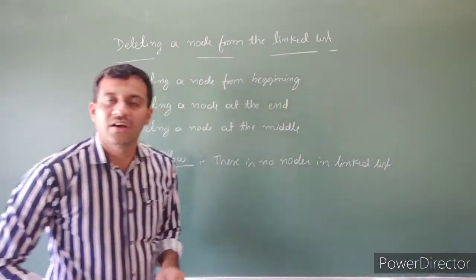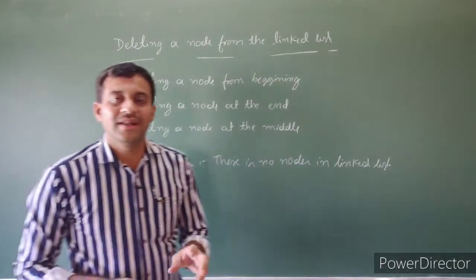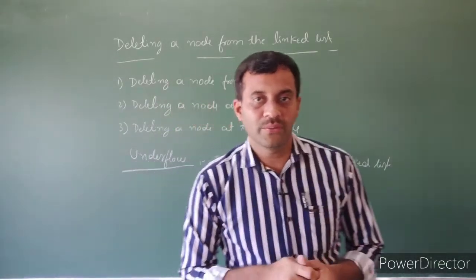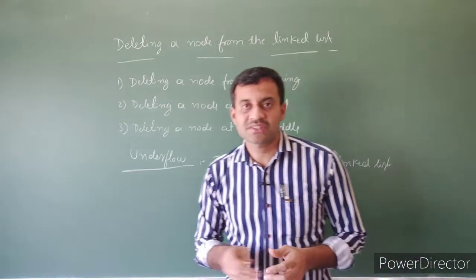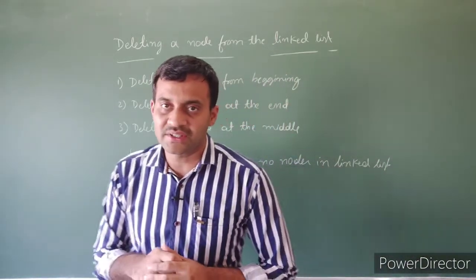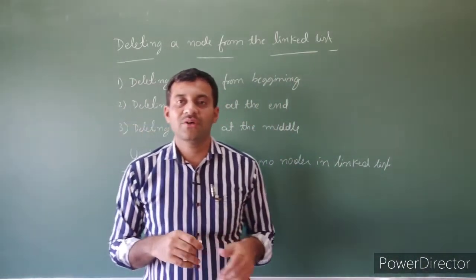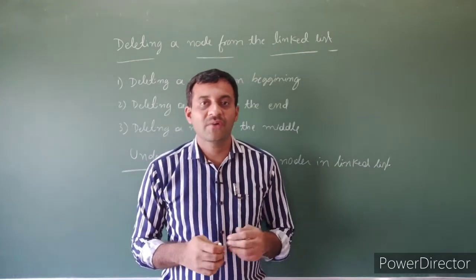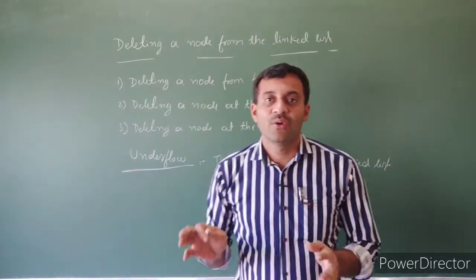That condition is called underflow. In linked list, there is no overflow because linked list always uses dynamic memory allocation. In dynamic memory allocation, we create memory at the time of execution. Hence, there is no overflow.